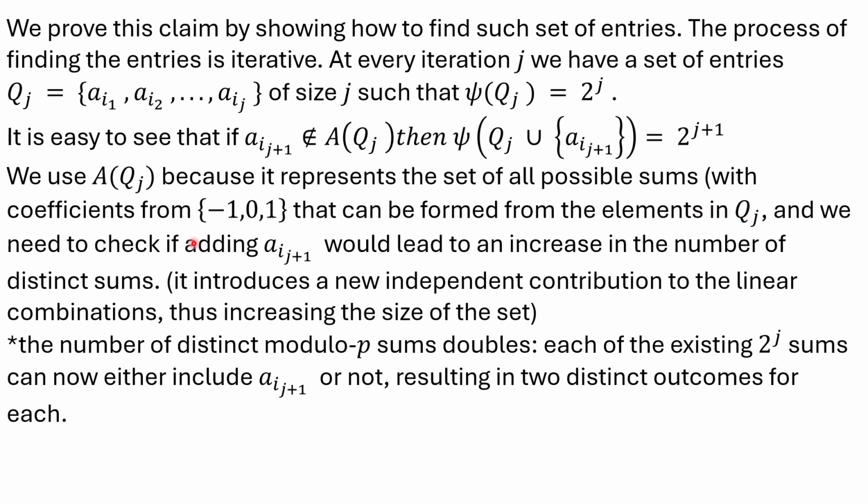And we need to check if adding a new member would lead to an increase in the number of distinct sums. It should introduce a new independent contribution to the linear combinations, thus increasing the size of the set. The number of distinct modulo P sums doubles. Each of the existing 2 to the j sums can now either include the new member or not include it, resulting in 2 distinct outcomes for each.